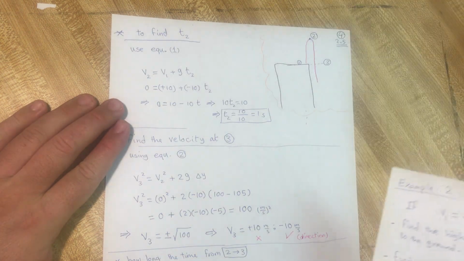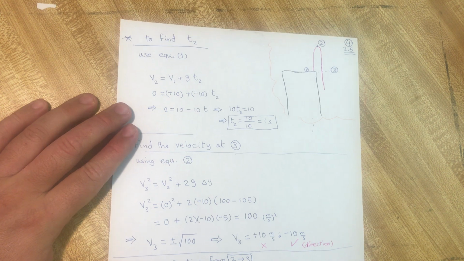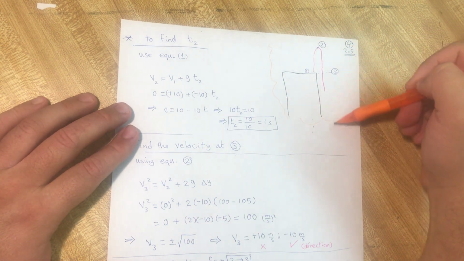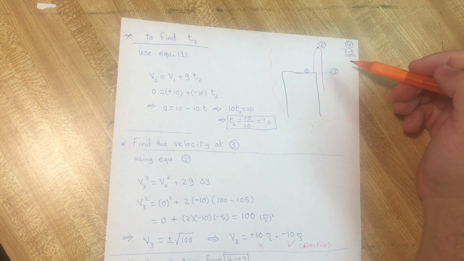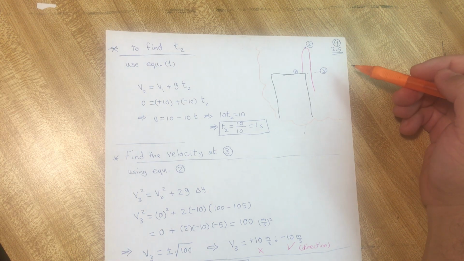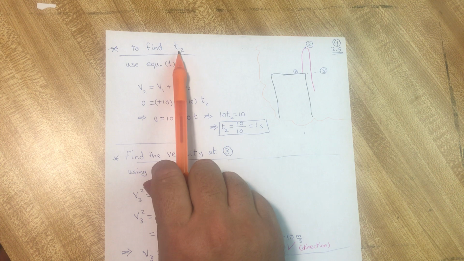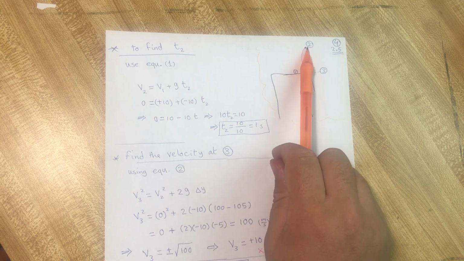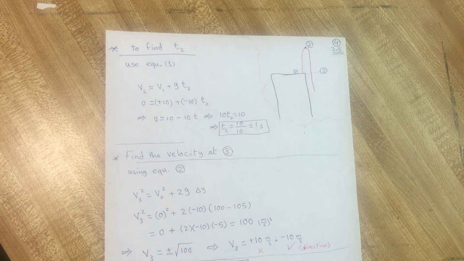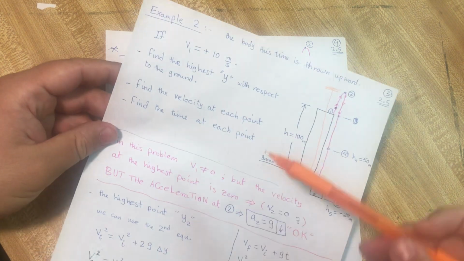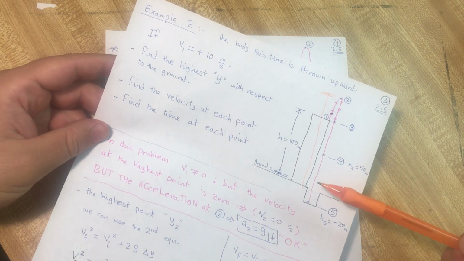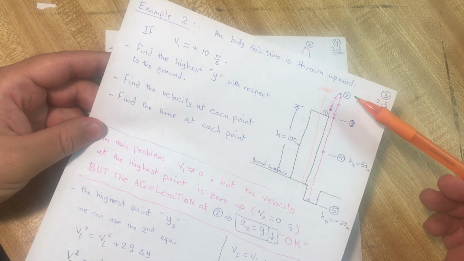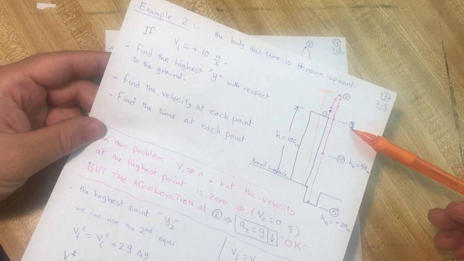Okay, now let us complete. This is the part of our building. We can find t at point number 2. They require us to find the velocities and the time at each point, at all the points. I will solve that for point number 2 and for point number 3.